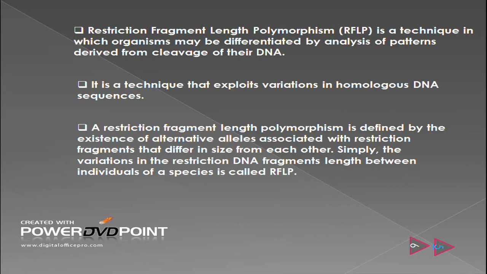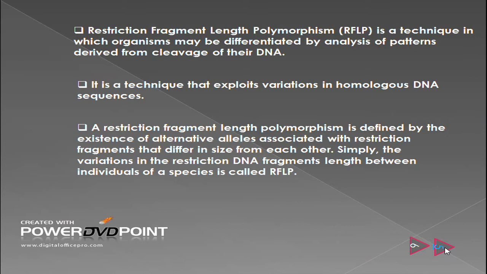Restriction fragment length polymorphism or RFLP is a technique by which organisms may be differentiated by analysis of patterns derived from cleavage of their DNA. It is a technique that exploits variations in homologous DNA sequences.